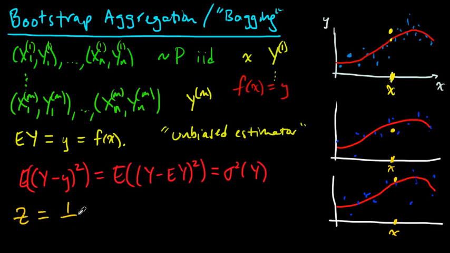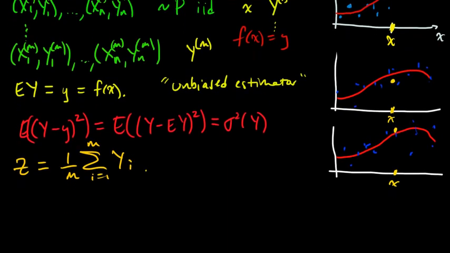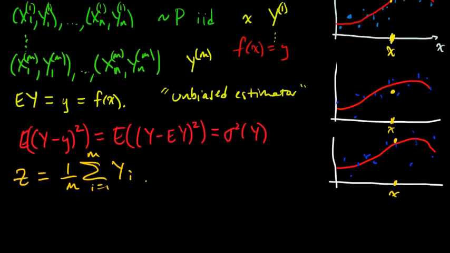We had m of these y's, i from 1 to m. So it's just the average of the y's. So this is using this intuition. And now let's compute the error for this, or rather the risk for this z.